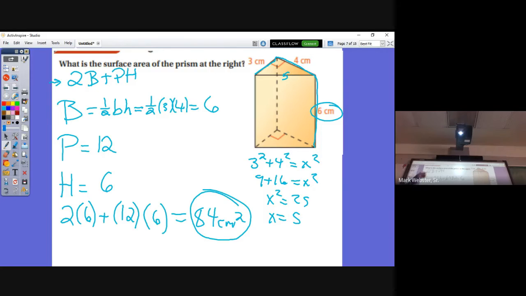And this will always work. As long as you know how to find the area and the perimeter of the shape that makes up your base, and you can identify what the height is, ta-da, you're good, you know?